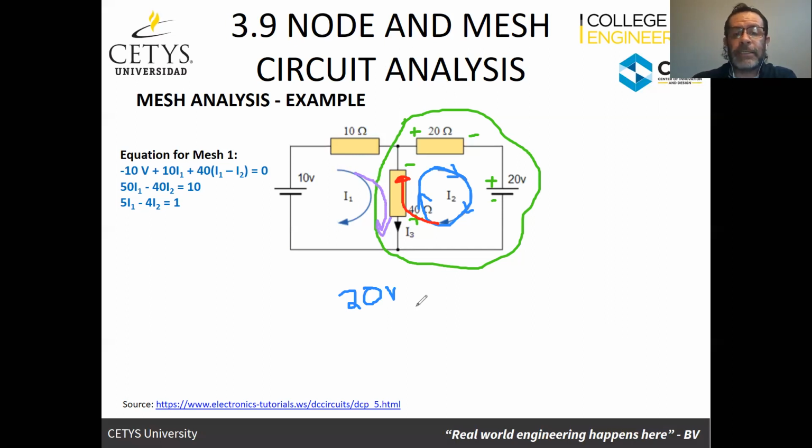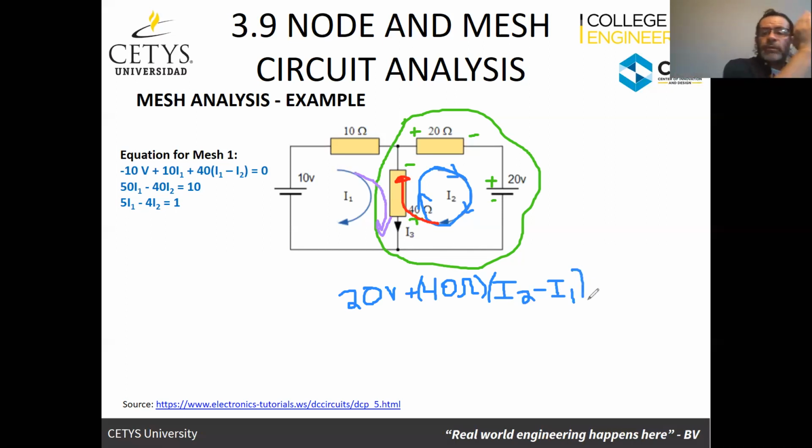Now here in this case, we're going to have by Ohm's law 40 ohms. But in this case, now I'm located in mesh 2. So now the reference is going to be I2 minus I1. In the previous one, it was I1 minus I2 because I was in mesh 1. Now I'm in the other mesh with the other reference.